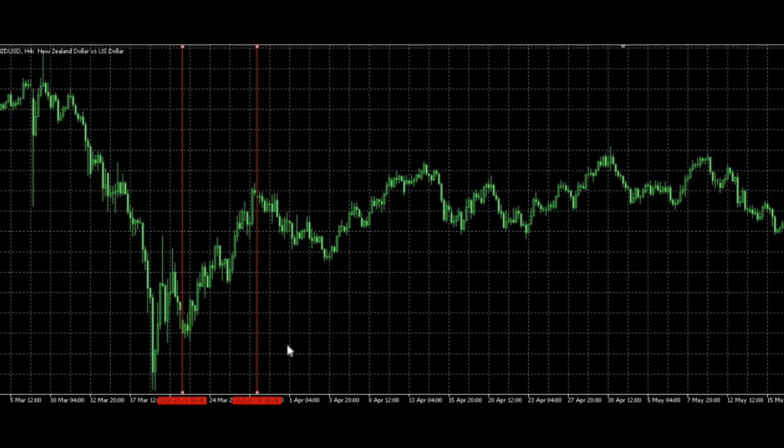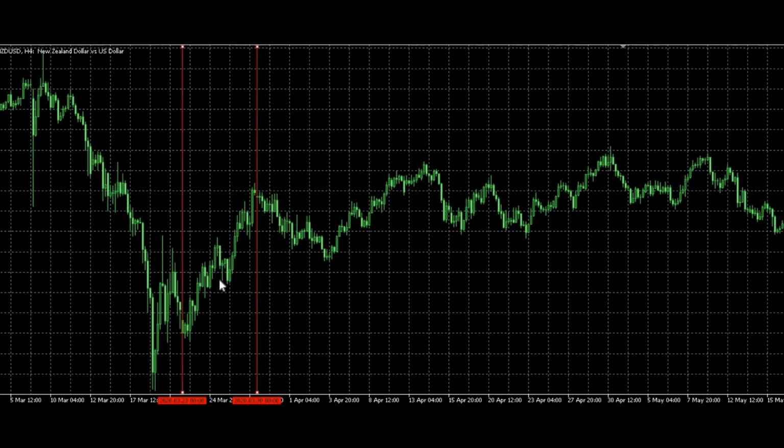So this is the chart of New Zealand dollar and USD. As you see, the first wave is the long one. It has an obvious 5 waves. This is the first wave, the second, third, fourth, and fifth.